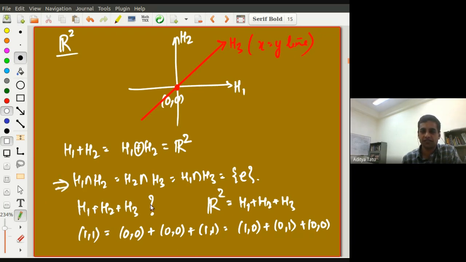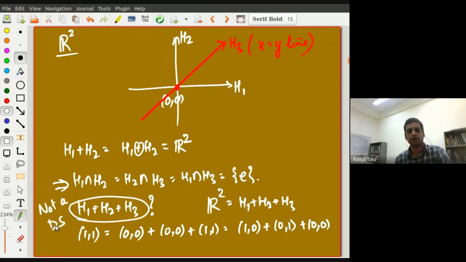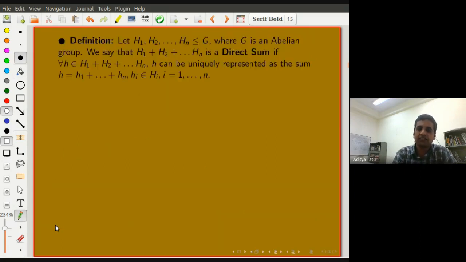So this is not a direct sum. For more than two groups, rather than the intersection between subgroups being identity, we should look for unique representation. And that in fact is the definition of direct sum of n groups. Let H1 to Hn be subgroups of G, where G is an abelian group.